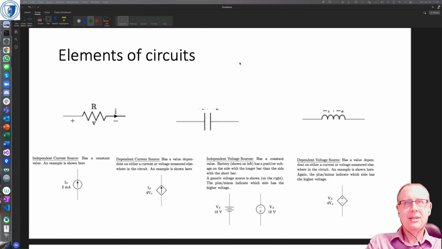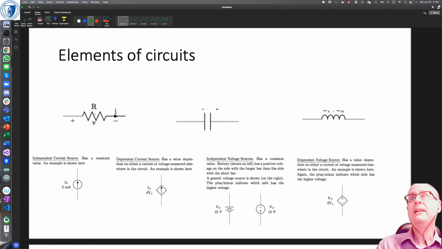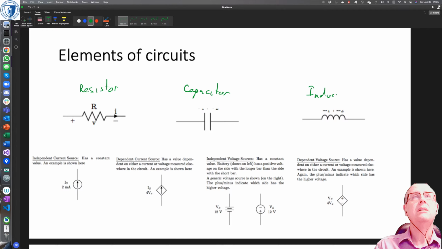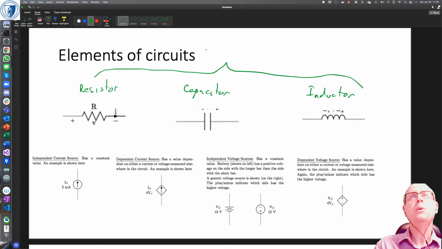The three across the top here are a resistor, a capacitor, and an inductor. Sometimes I'm going to draw all three of these just as a generic rectangle.